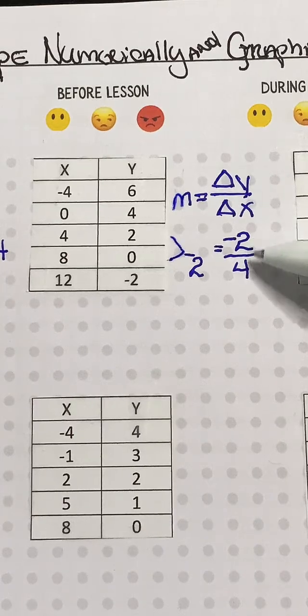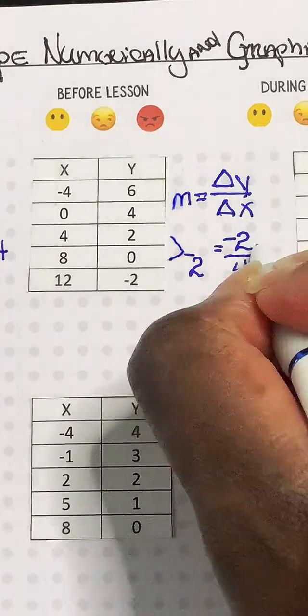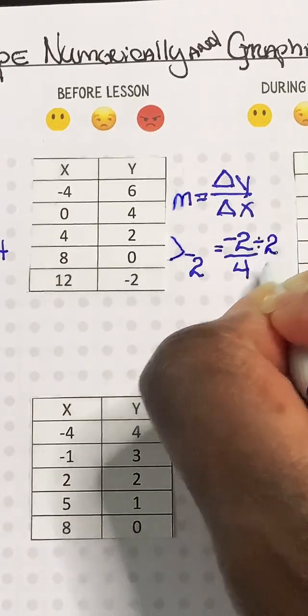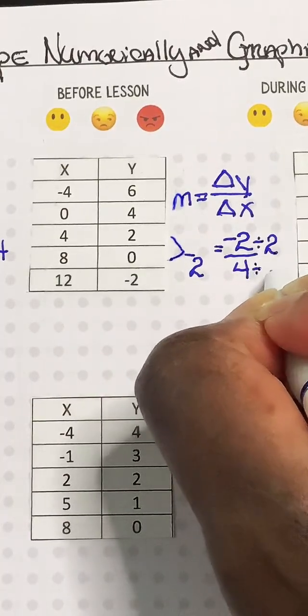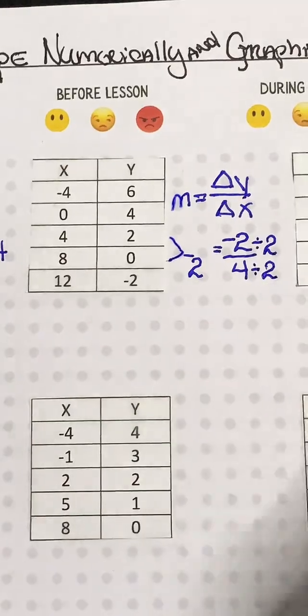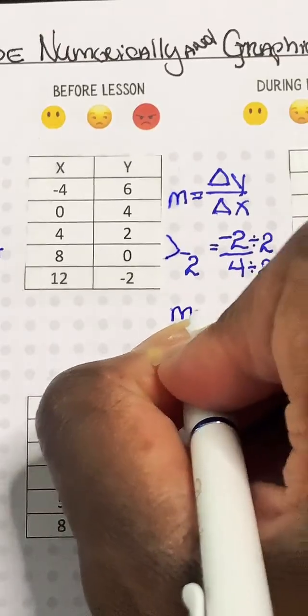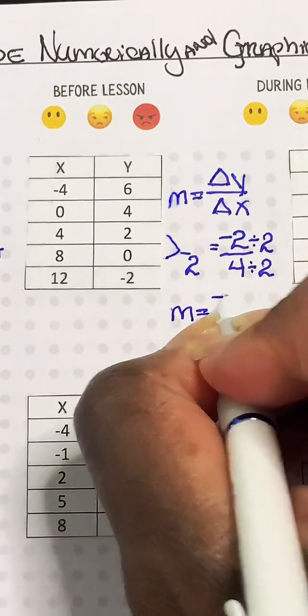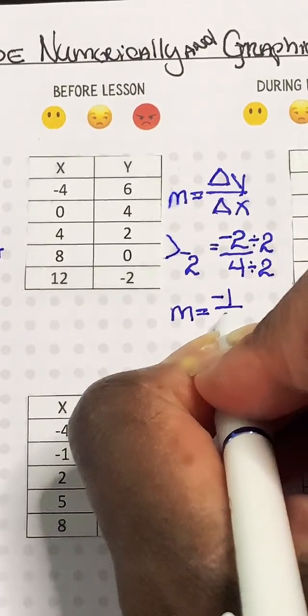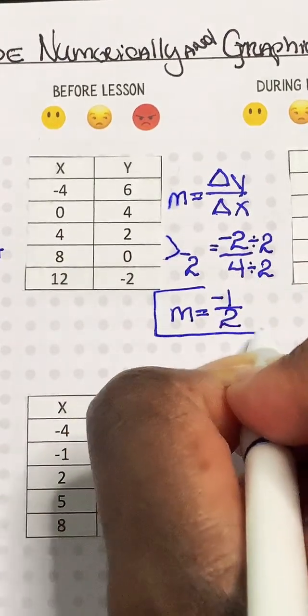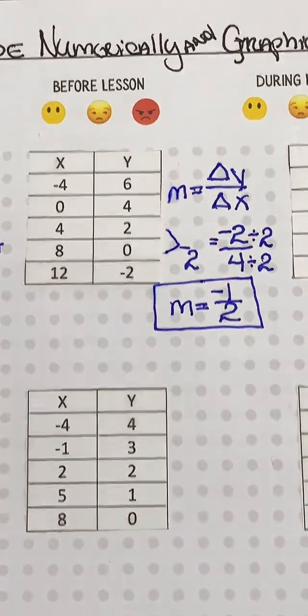So what do 2 and 4 have in common? It is a 2. So to simplify, I'm going to divide both the numerator and the denominator by 2. So in actuality, my slope is going to be -1 over 2, or we can simply say -1/2.